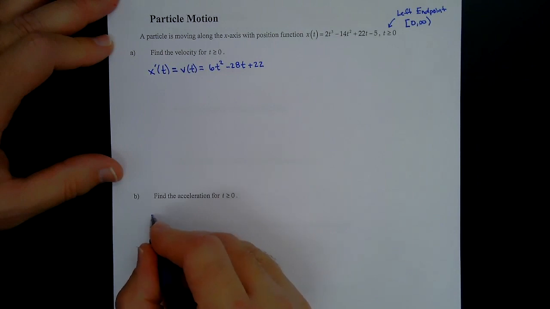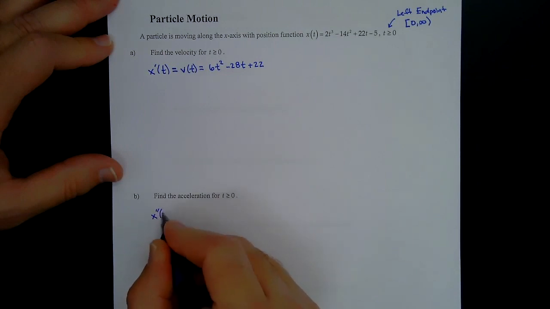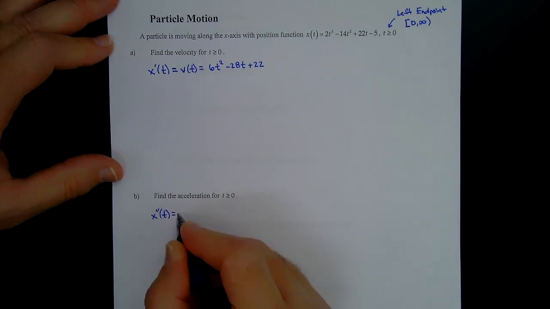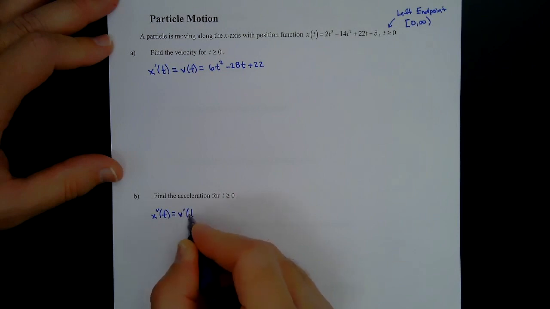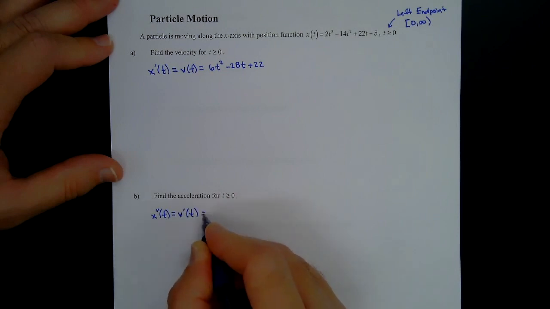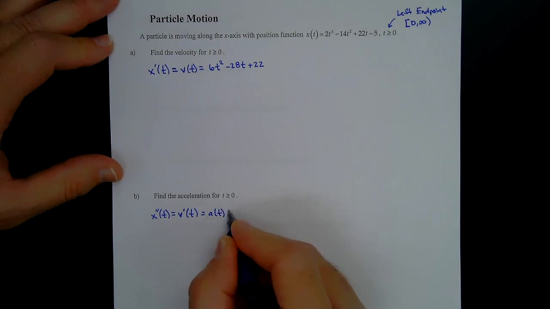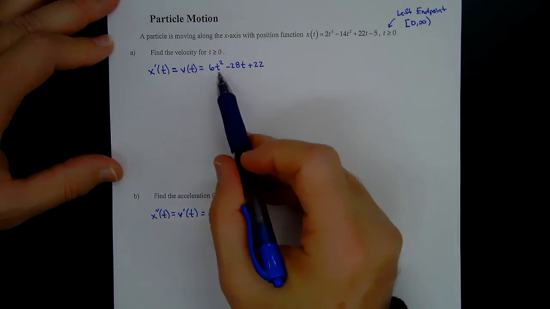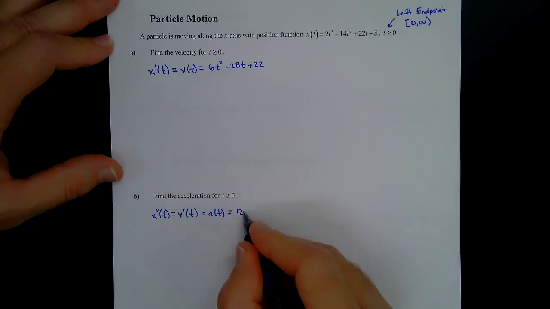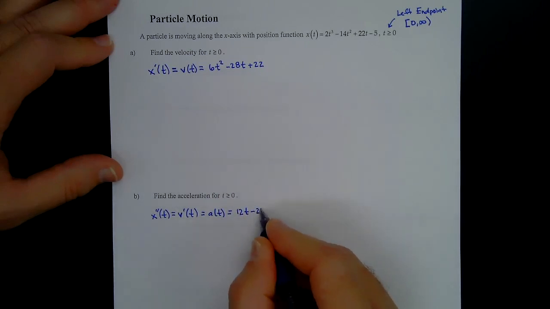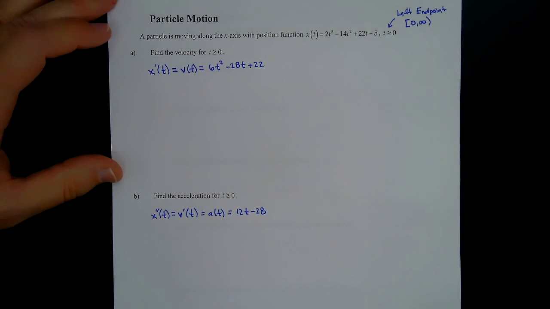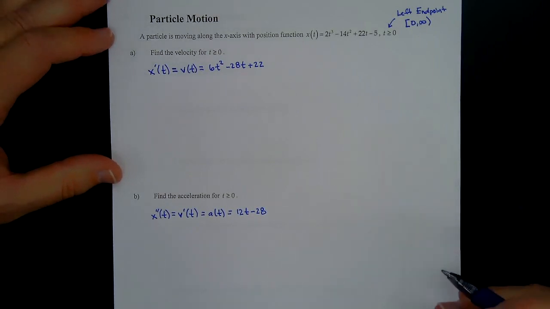So this would be x double prime of t, which is equal to v prime of t, which is equal to a of t. And that would make this one 12t minus 28.